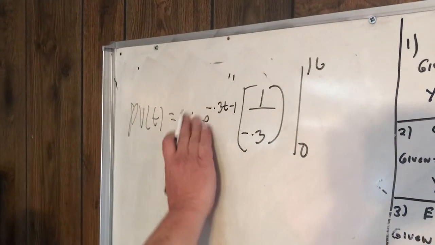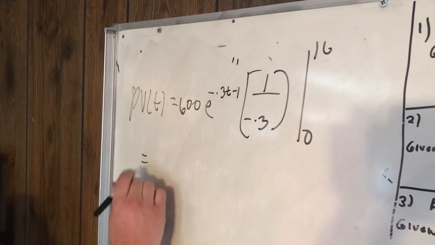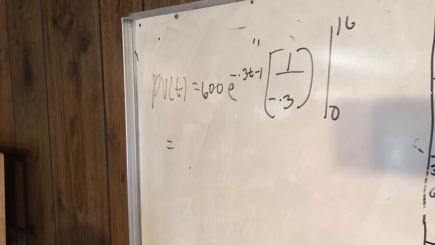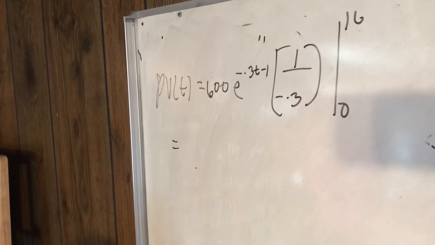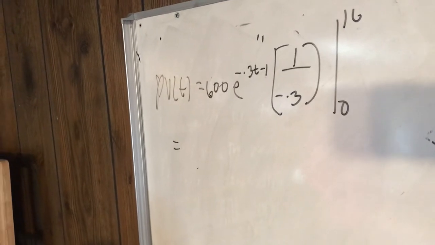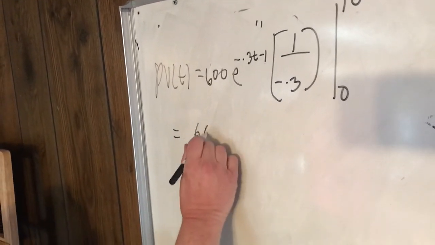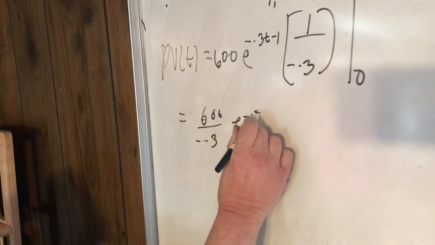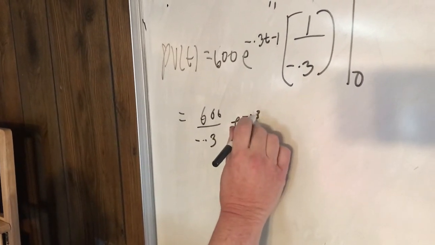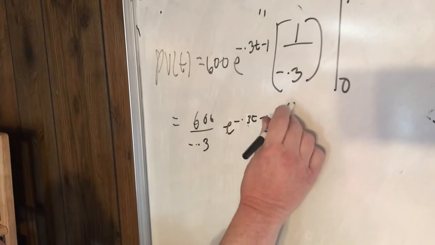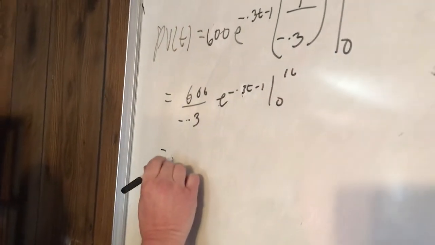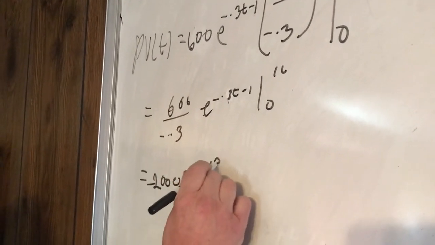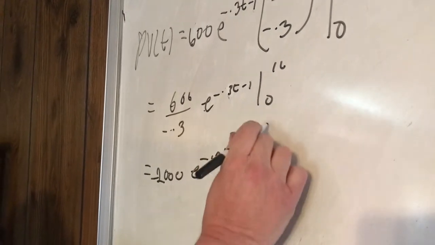So that's going to be 600 divided by minus 0.3, which gives you negative 2,000, times e to the minus 0.3 t minus 1, between 0 and 10.